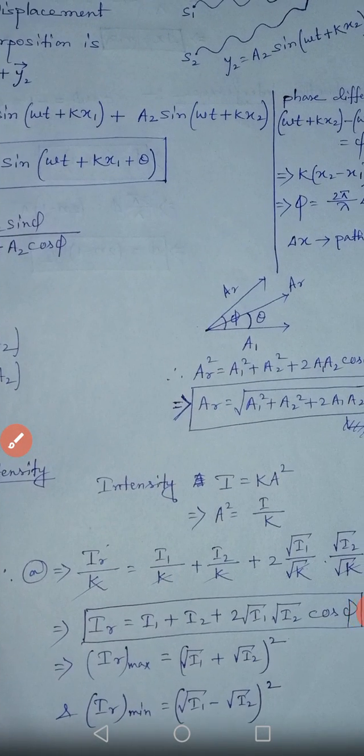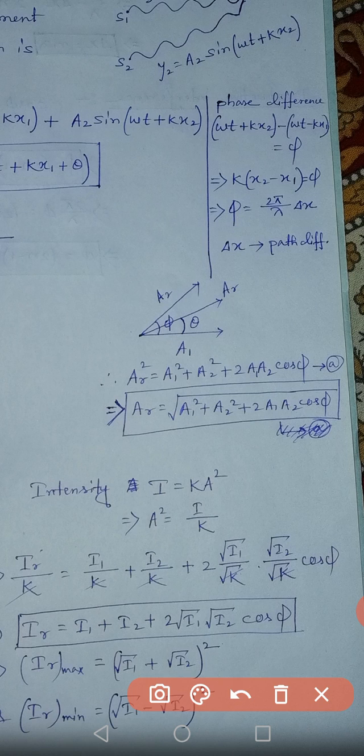Now if you remember the class 11 parallelogram law of vector addition, the resultant is like this. This is the diagonal of the parallelogram. If you complete this parallelogram, it will be something like this. This diagonal is AR. So we had this formula, if you remember: resultant square equals A1 square plus A2 square plus 2 A1 A2 cos phi.